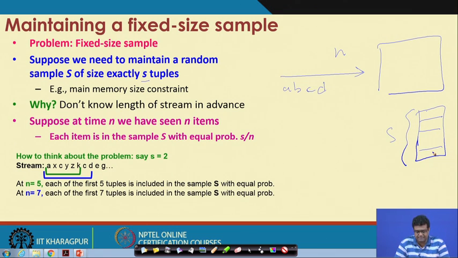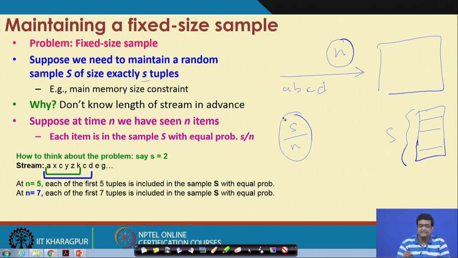When we say sample, the key property which should be preserved is that whenever you have seen these n elements, the probability that each of these n elements was stored has to be s by n.